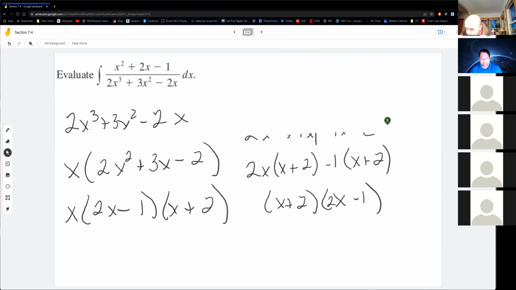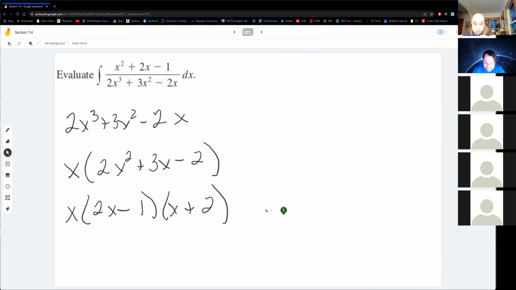All right, so this problem, when we're doing partial fractions for when they're all linear terms, we're going to split this up.